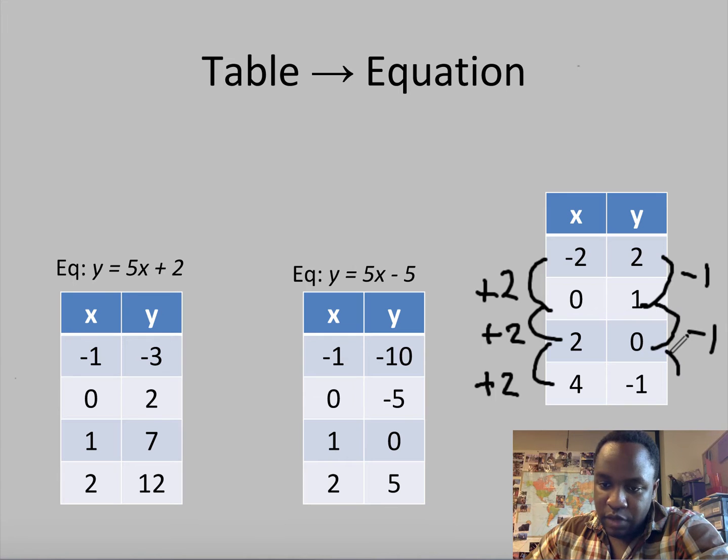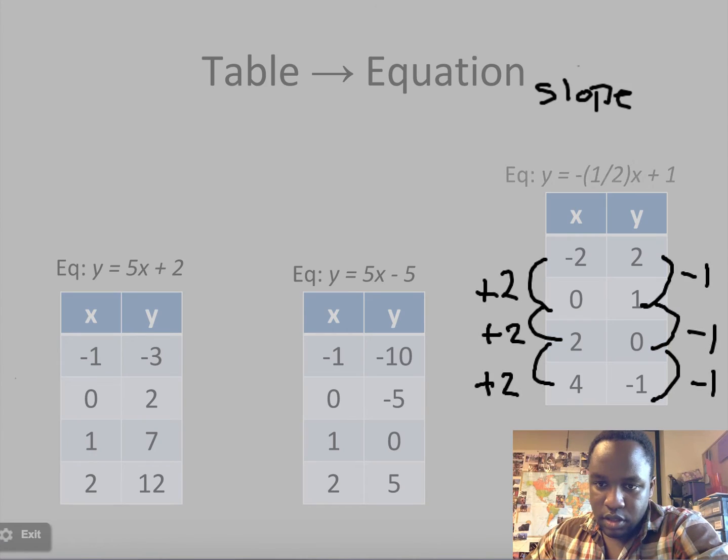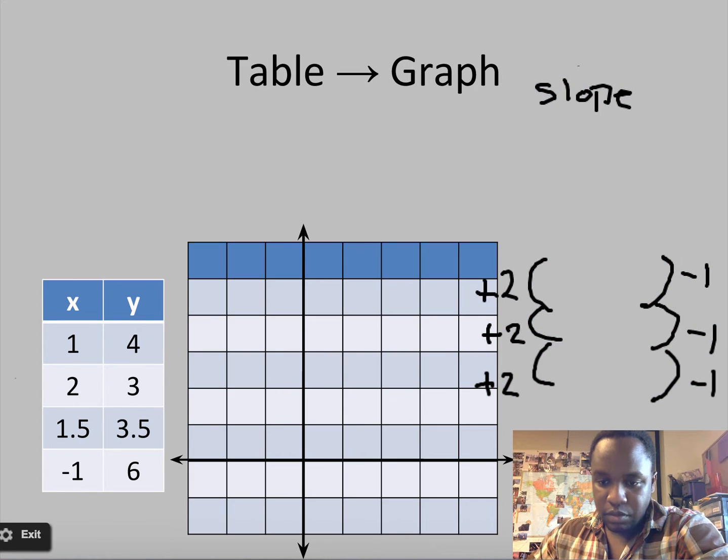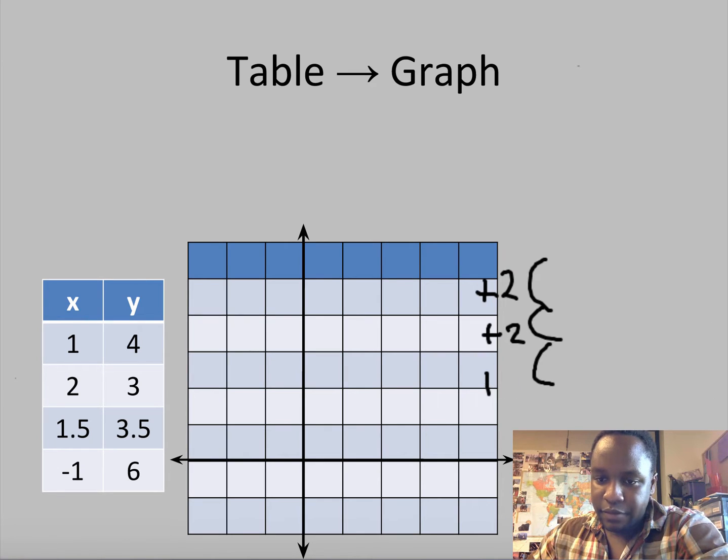And 0 to negative 1 is negative 1. Our slope would equal negative 1/2, and our y-intercept would be 1, because since x is 0, the y would be 1. All right. So now let's go from table to graph.